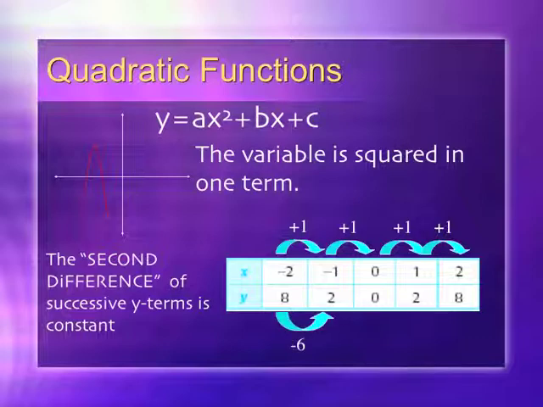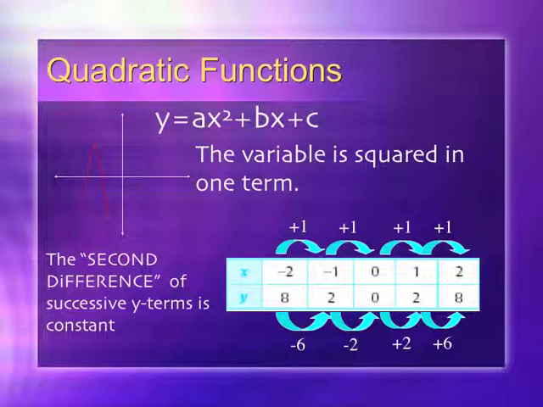So to get from 8 to 2, I'm going down by 6. To get from 2 to 0, I'm going down by 2. To get from 0 to 2, I'm going up by 2. And to get from 2 to 8, I'm going up by 6. Now I have this pattern of numbers beneath my table, -6, -2, +2, +6.